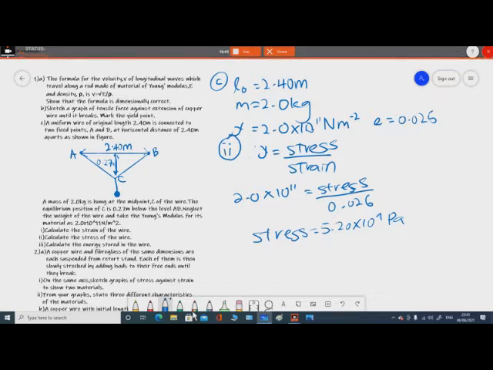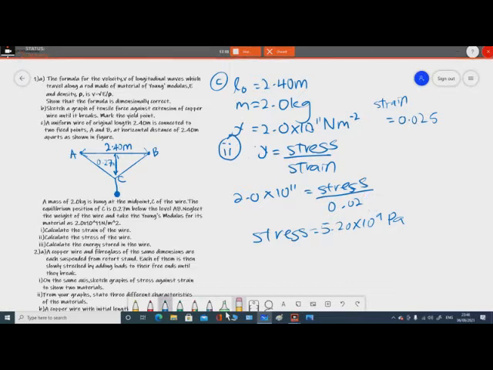So let's move on to part 3. Oh, I wrongly wrote this one. This one should be 0.025 and this one shall be our strain.